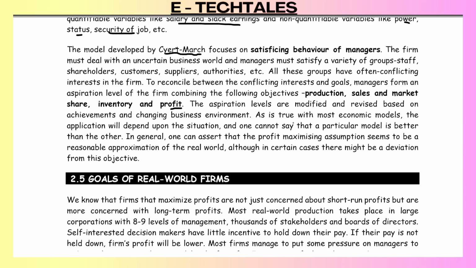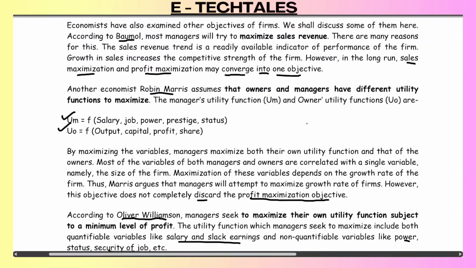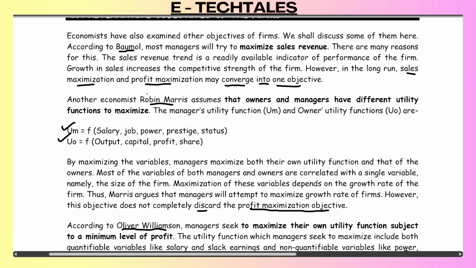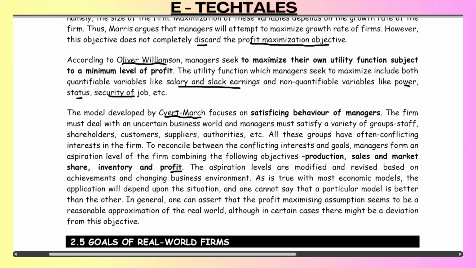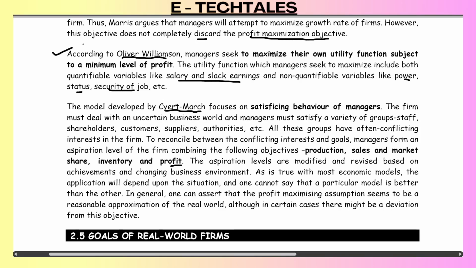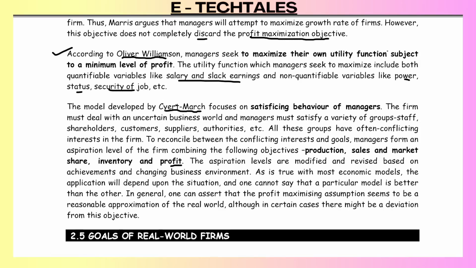In the first one, there is the profit maximization versus the sales maximization objective, which was stated by Mr. Baumol, which is one of the best ones. Out of the conflicting ones, this is one of the best. You can remember this, and the second one can be Mr. Oliver Williamson, because he also talked about the utility function, which is another important factor related to profit maximization, right?